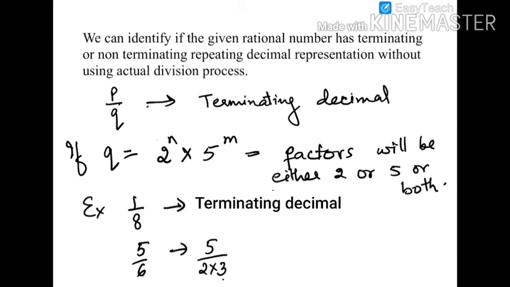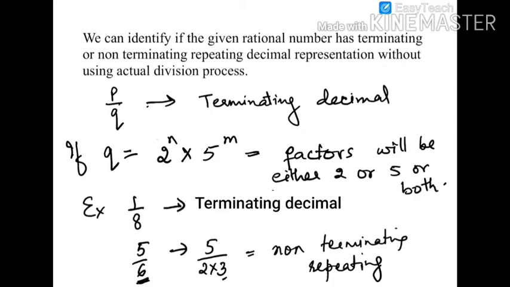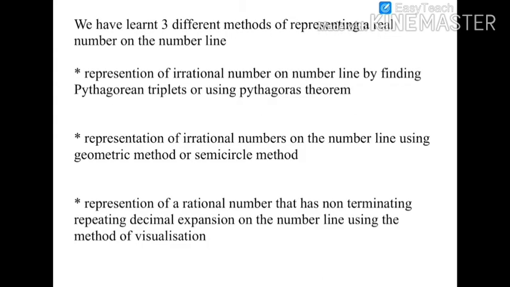It has a factor 3 other than 2 and 5. So this number will be non-terminating, repeating. And we had shown earlier that 5/6 is 0.83 bar.